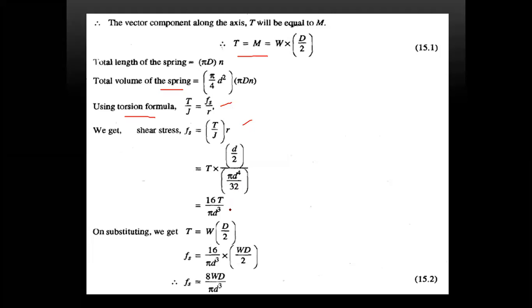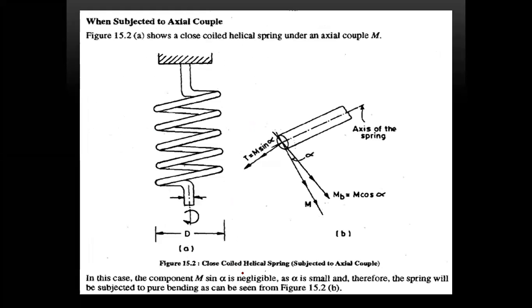Upon solving this, Fs is equal to 16T by pi d cube. We know that T is equal to W into D by 2. Therefore, Fs is equal to 16 by pi d cube into WD by 2. Therefore, Fs is equal to 8WD by pi d cube. So these are the simple derivations for the problems.